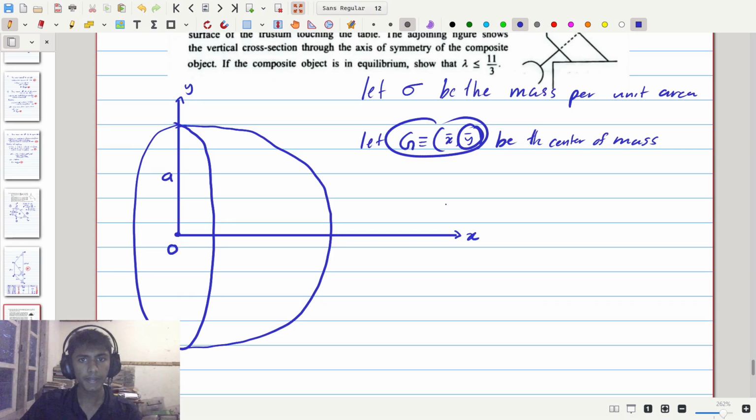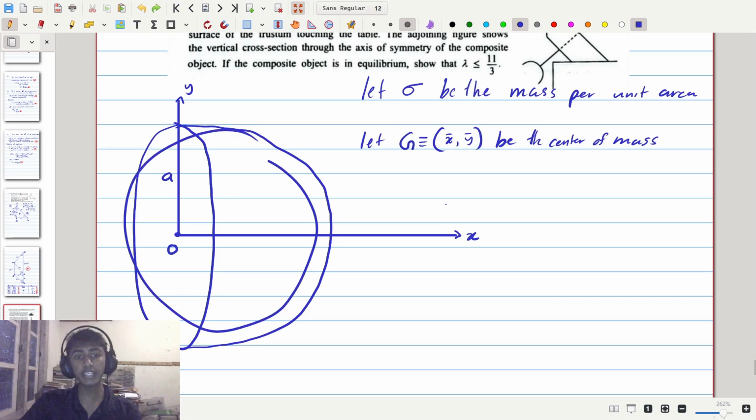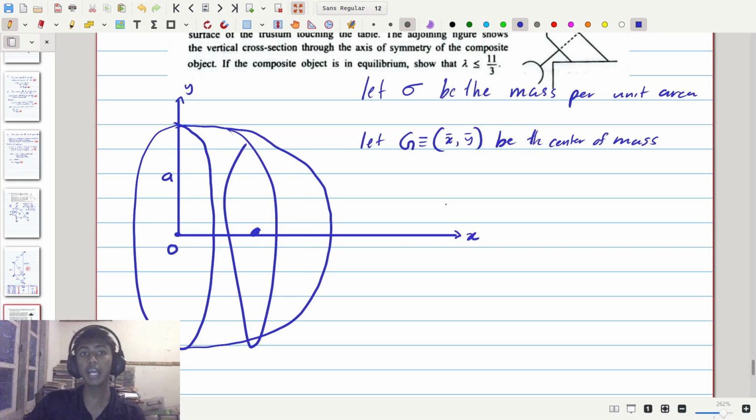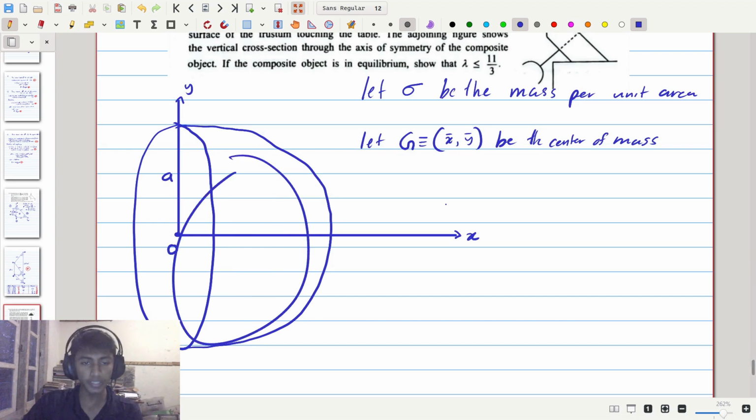Now here we have x bar and y bar, but you'll note since this object is radially symmetrical about the x-axis, meaning that no matter where you take on the x-axis, around it it's entirely symmetrical, there is not going to be any y bar coordinate. It's going to be equal to 0 because the center of gravity of this entire object must be on the x-axis, and therefore y bar must be equal to 0.